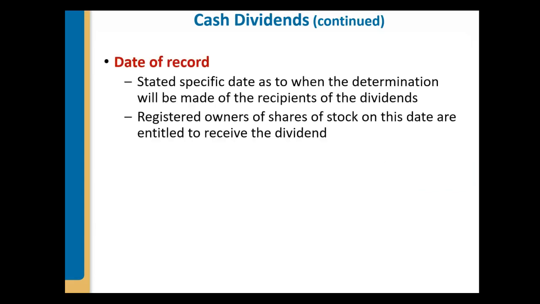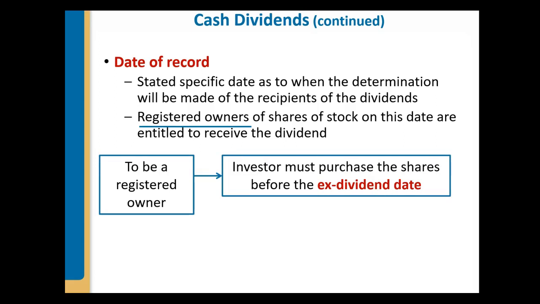The specific date is stated as to when the determination will be made of the recipients of the dividend. This date is called the date of record. Registered owners of shares of stock on this date are entitled to receive the dividend, even if they sell those shares prior to the actual cash payment.